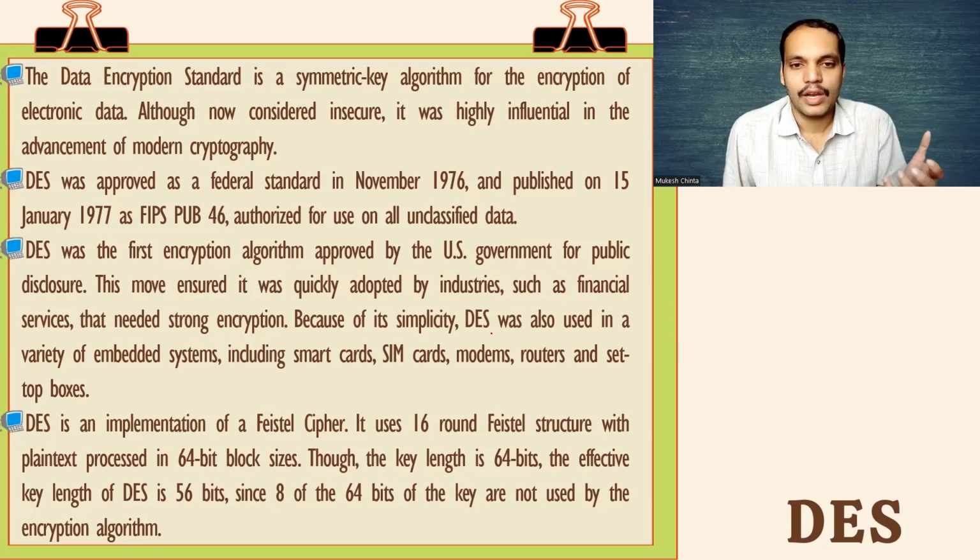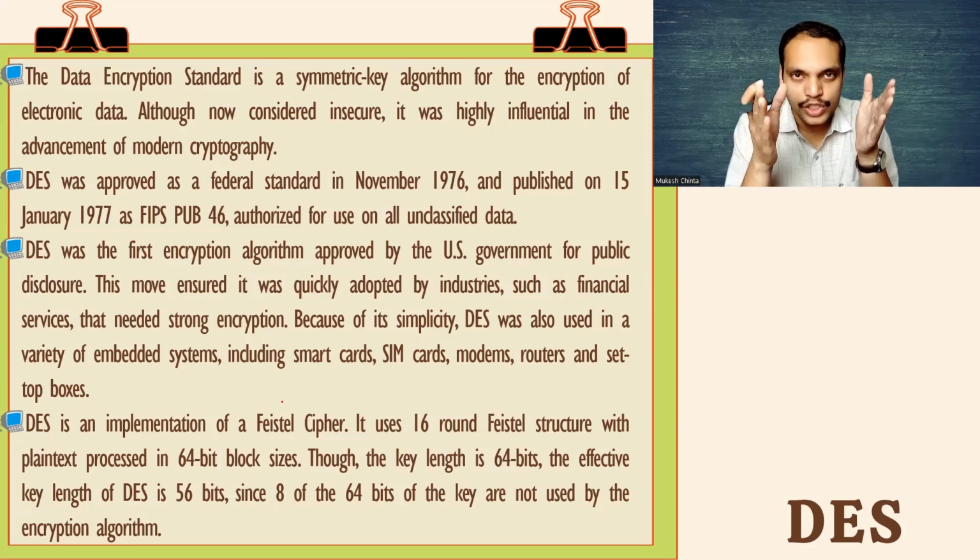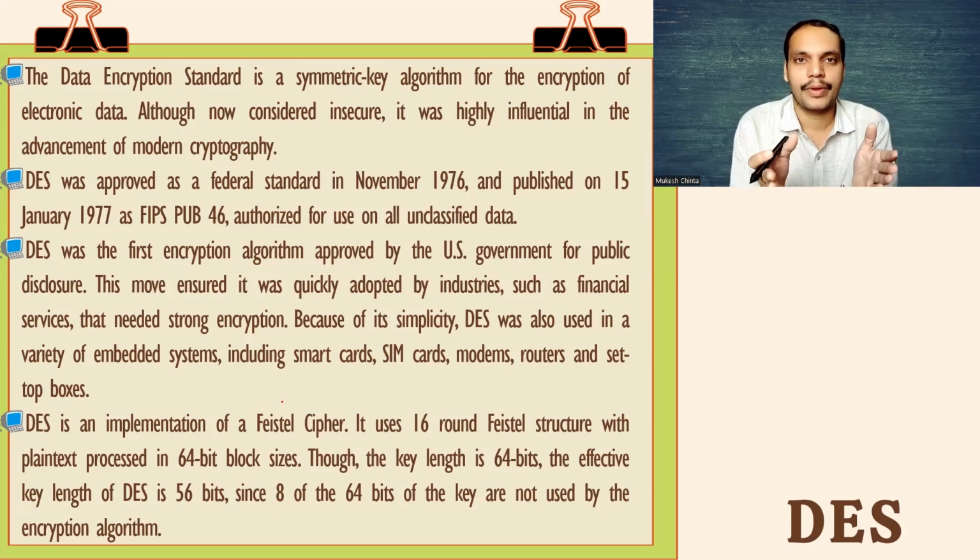Because it is simple, DES was also used in a variety of embedded systems, including smart cards, SIM cards, modems, routers, and also set-top boxes. In a way, it is an implementation of the Feistel cipher structure. The Feistel cipher structure forms a blueprint for many symmetric encryption algorithms, where the plain text data is divided into blocks of equal halves, and whatever operations we perform are performed on the different blocks.